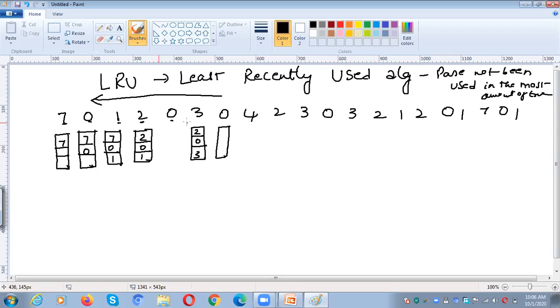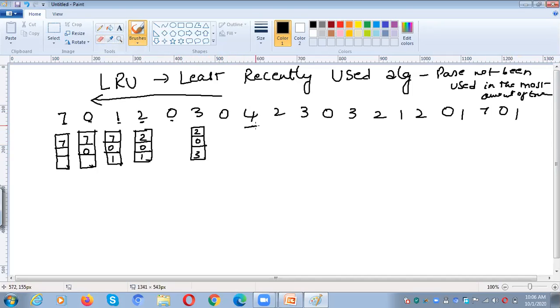That means whenever there is a page fault, you need to check whether the page is used recently or the page is used long back. Okay?